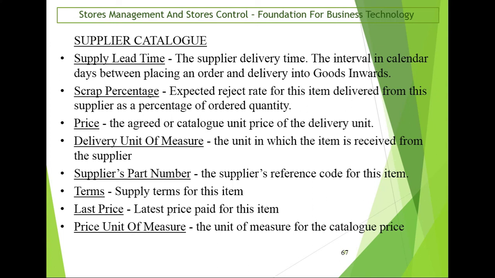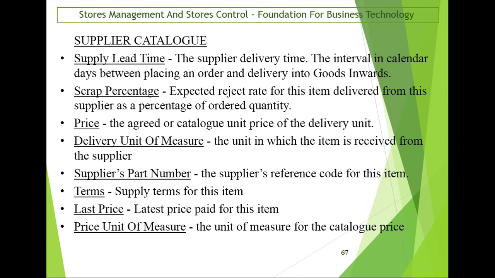Then for that supplier, we also need to keep what was the latest price that we paid for that item. So this is historical data that you must maintain. What is the last price we paid? Because many times people are confused.